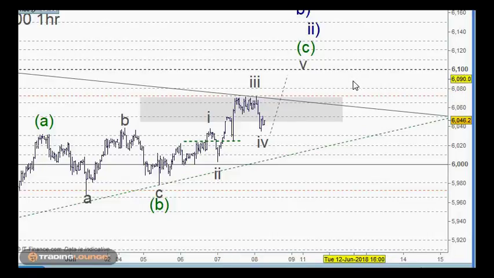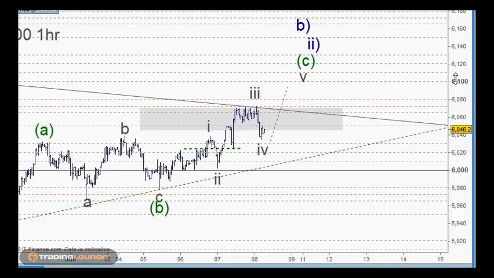So there's no extension in the third wave here really relative to this wave here, so these two are about the same. It could push up to the 6,100, and we would only turn long on our bullish count if we have this as support.